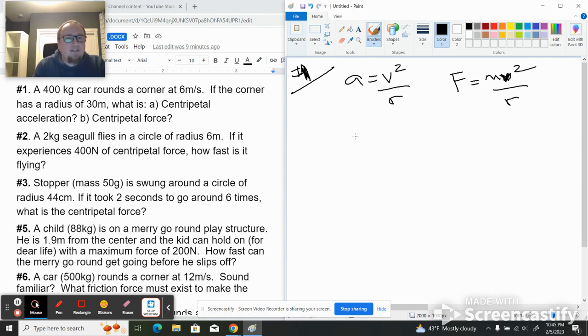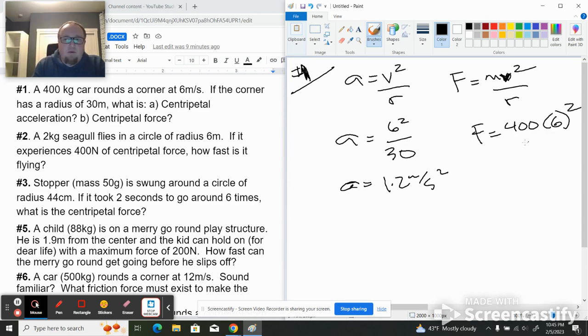So the first part, what's the acceleration? The acceleration in this one is 6 squared over 30, so the acceleration is going to be 1.2 meters per second squared. Then you could say the force equals mass times velocity squared over radius, so your force is 480 newtons.